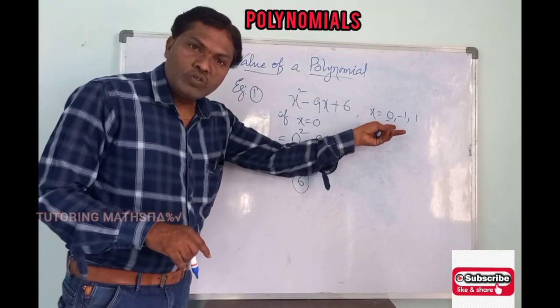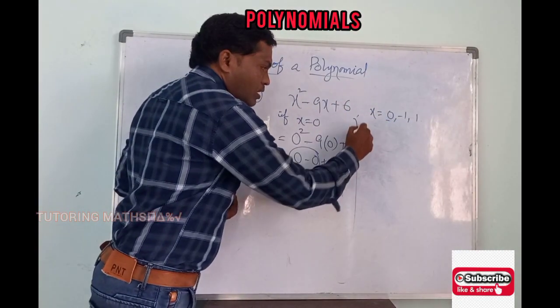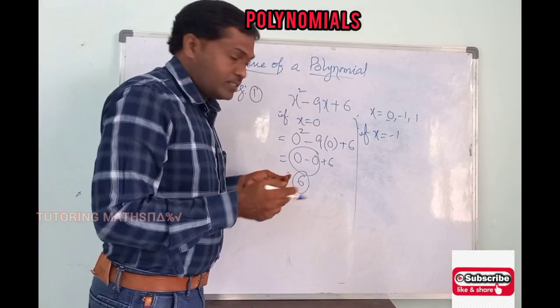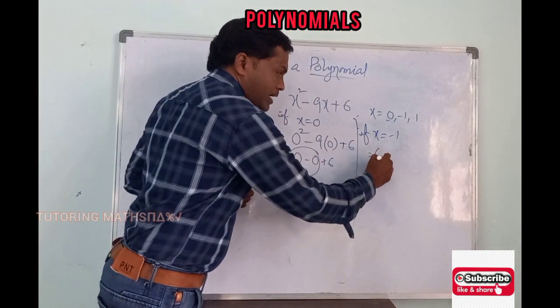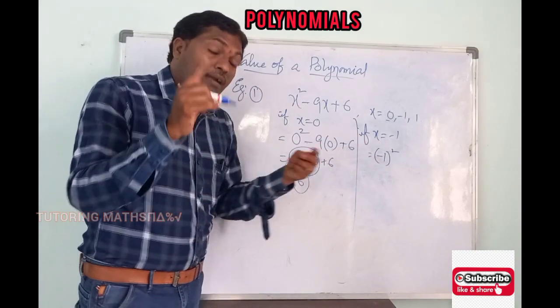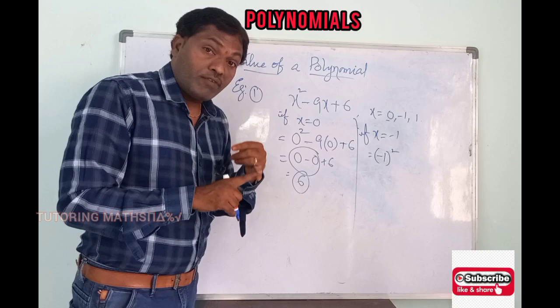And coming to the second substitution, minus 1. If x is equal to minus 1, x square is minus 1 square. And my dear students, please keep one thing in mind very carefully.